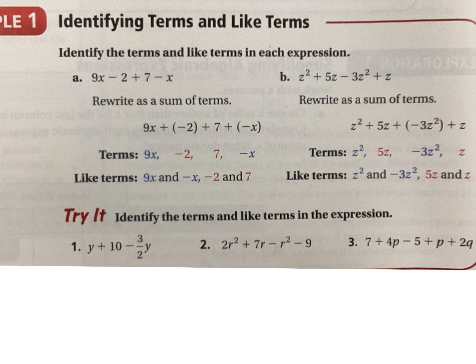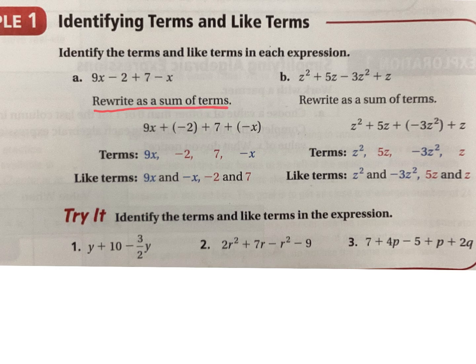All right, let's get into this. Let's talk about identifying terms and like terms. So I have example 1 here. Let's look at A first. We'll do color red. And the first thing you want to do is rewrite as the sum of terms.